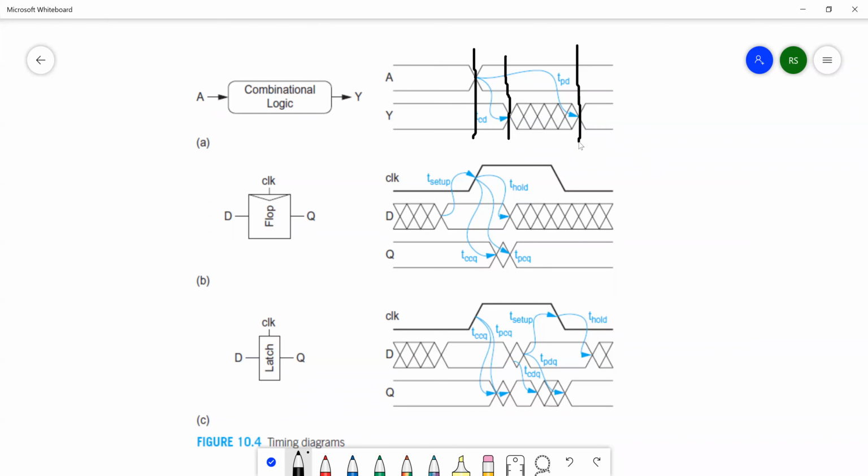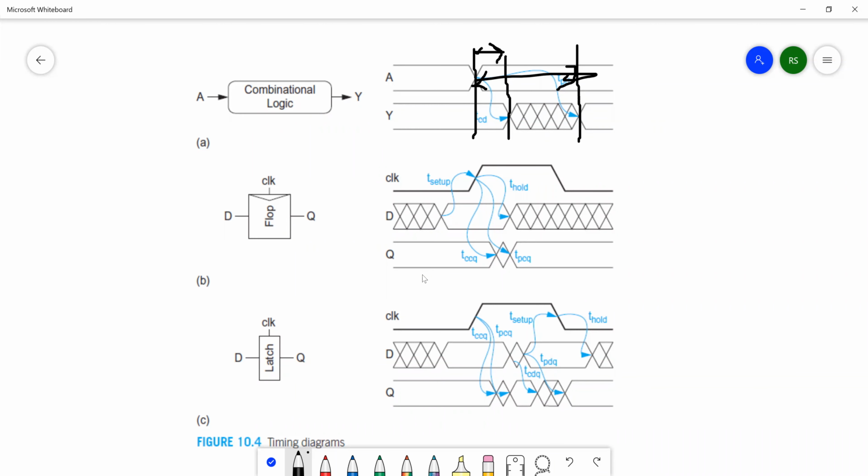The length up to where the previous output is maintained is the contamination delay. From the 50% of the input to the 50% of the output is the propagation delay. So the only thing we've added is the contamination delay.